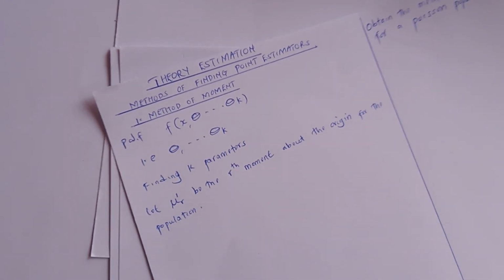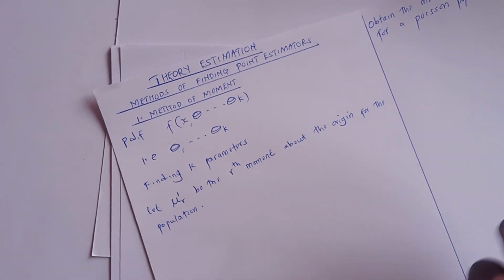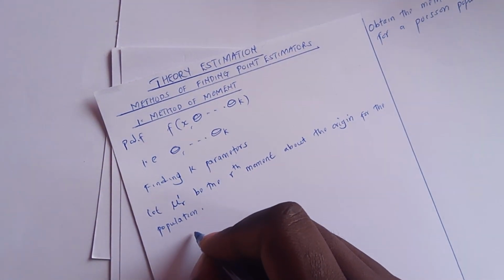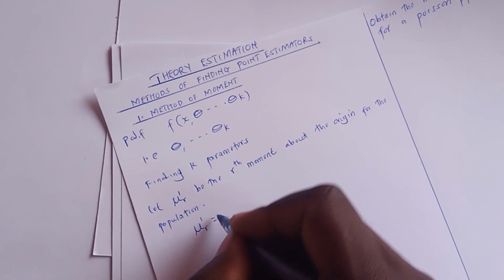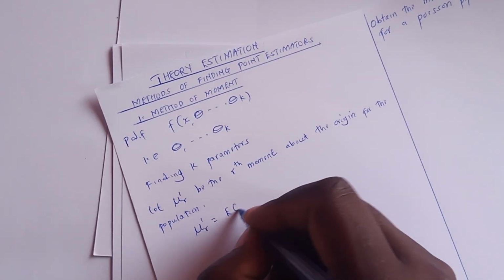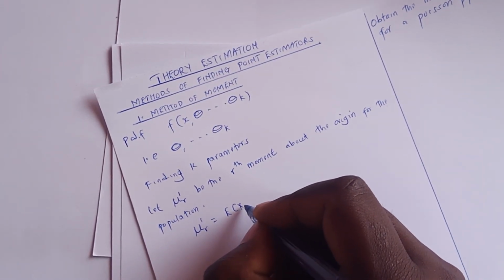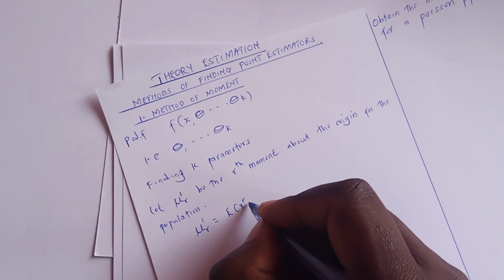Then this means mu prime r should be equal to the expected value of x to the power r.